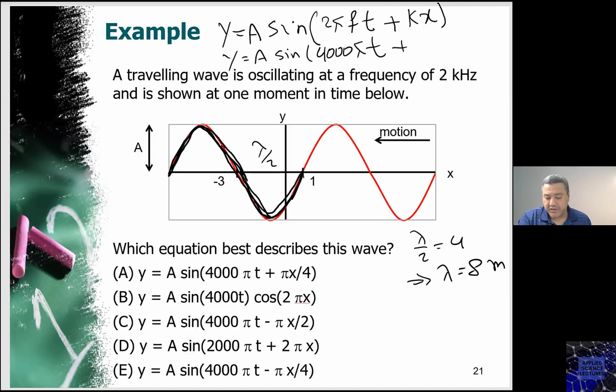So k is 2 pi over lambda x. Don't forget, you need to make sure that you have the correct direction of propagation. If you substitute lambda with 8, this is going to look like pi over 4 x. And the form that looks like what we have calculated is A.